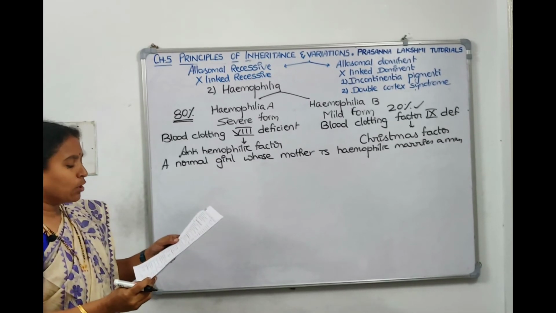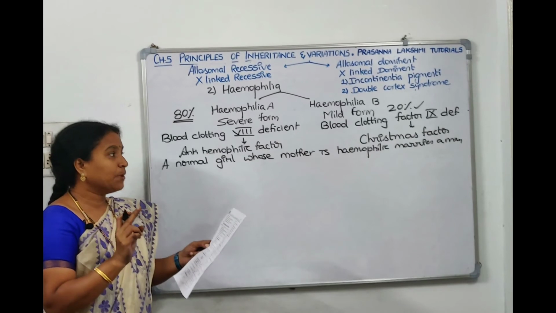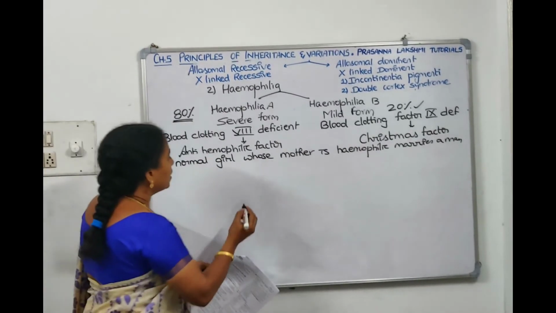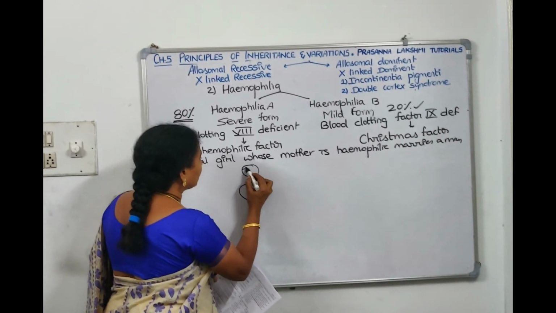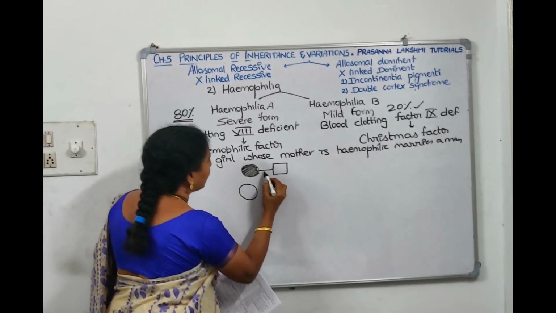Then they're asking what will be the possible phenotypes of the offspring. The normal girl whose mother is hemophilic, so she is a normal girl, and her mother is hemophilic.